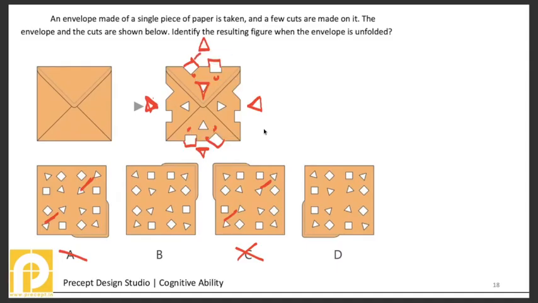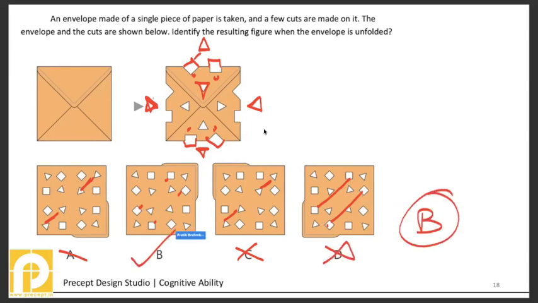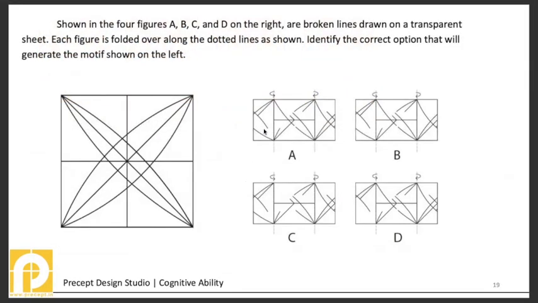So where exactly does that happen? In case of option B, the diamond and square are aligned opposite, diamond square here, versus in case of option D, the diamonds face each other and the squares face each other. So D is wrong and B is the right answer. We'll move to the next one.